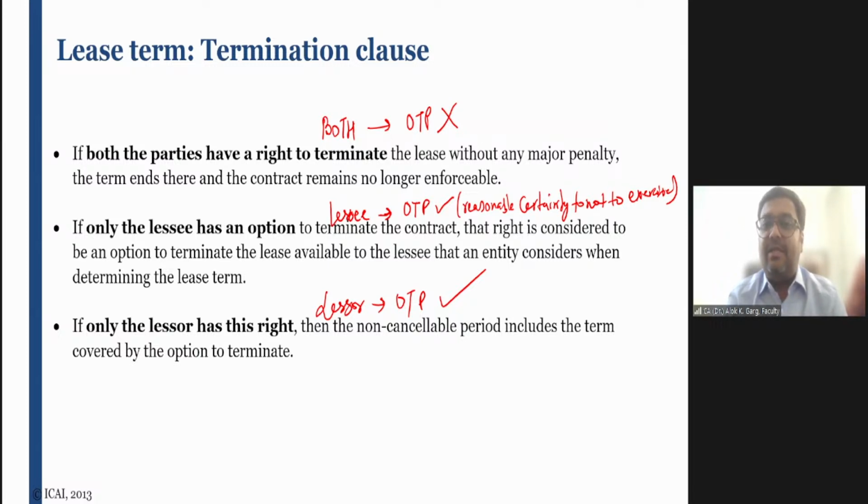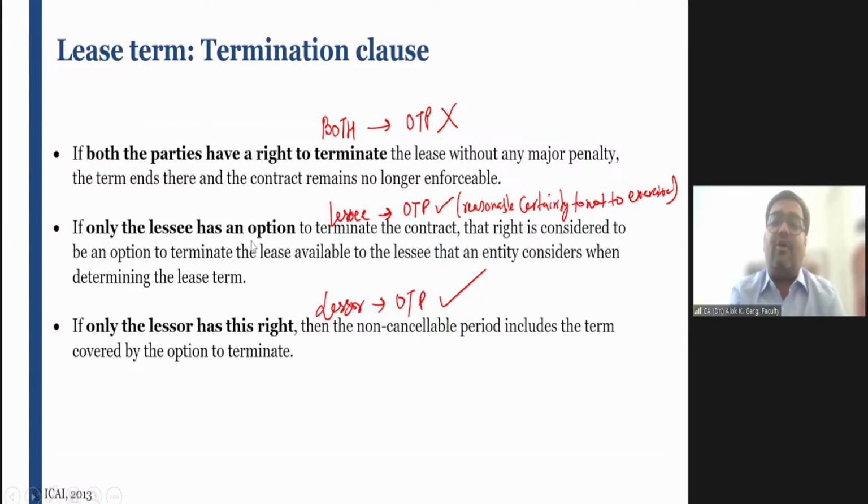In this case, the optional termination period is not required to be taken into consideration. Is that clear? So if both the parties have the right to terminate, this optional termination period is not required to be considered for the lease term.